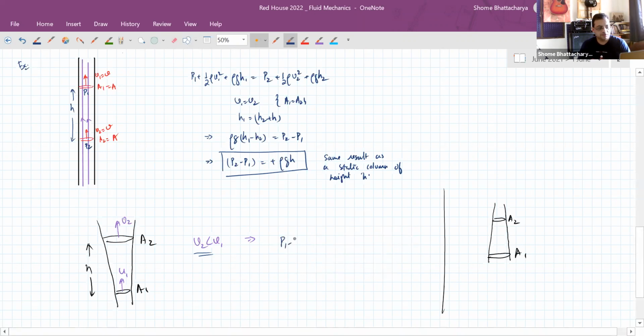Here I should get P1 minus P2. But remember here I've taken the lower point as 1, upper point as this. So P1 minus P2 actually becomes rho gh plus half rho (V2 square minus V1 square). Now this will be a negative quantity.